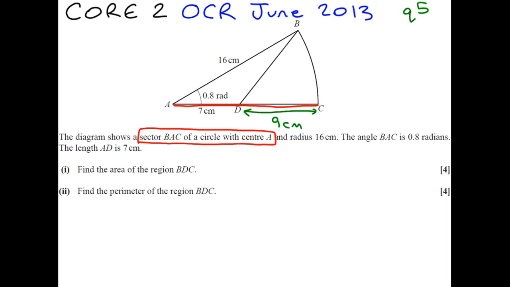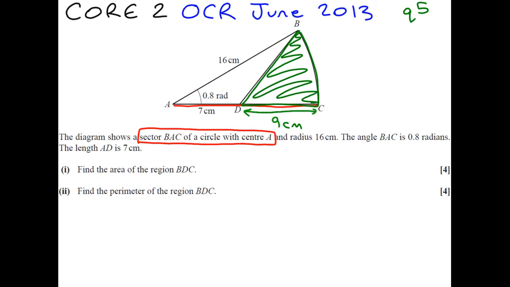Carrying on with the question. The angle BAC is 0.8 radians, which is labelled. The length AD is 7 centimeters, which is also labelled. Now, part I says find the area of the region BDC. So we're talking about this. This is not a sector.